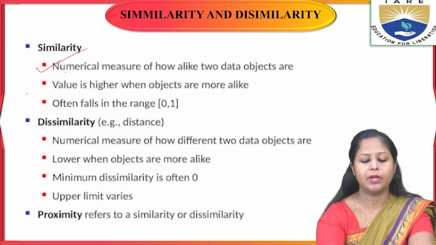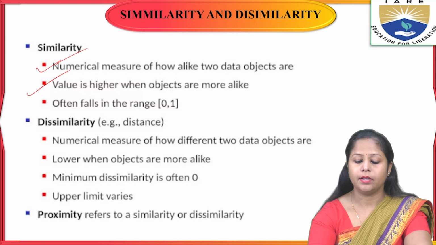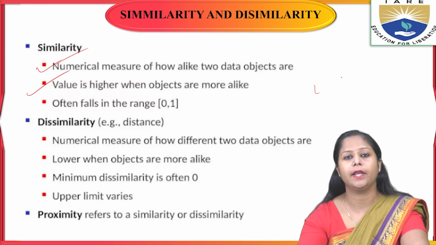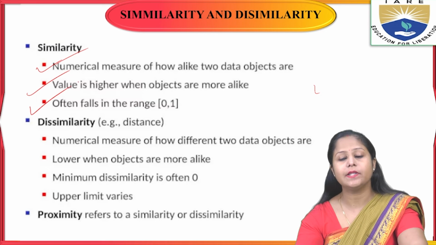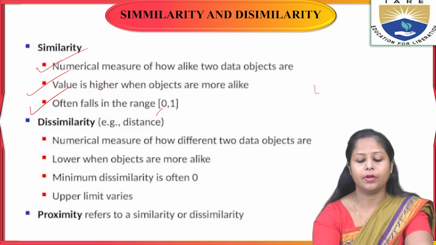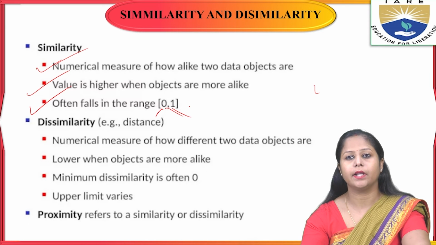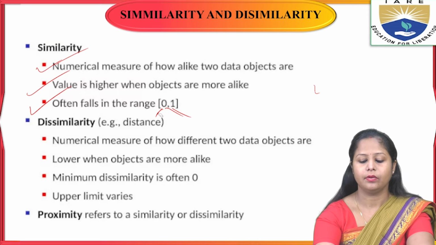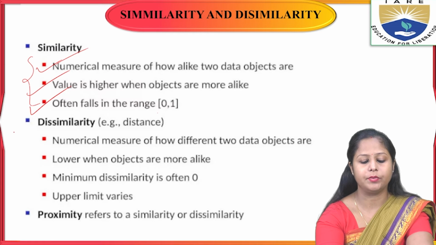That is called similarity. The value is higher when objects are more alike, and it often falls in the range of 0 to 1. If true, then it is 1; if false, then 0. This is the similarity of data objects.